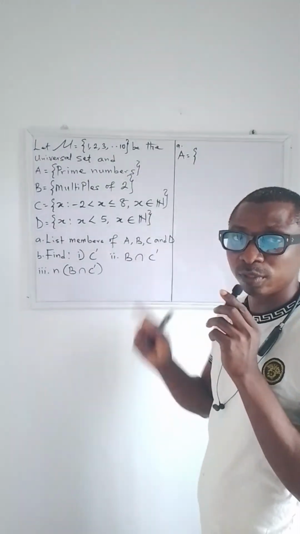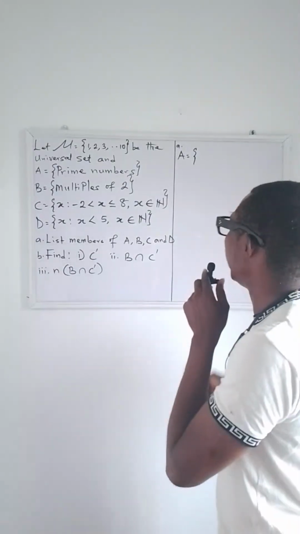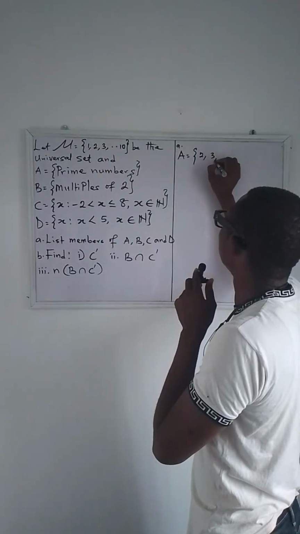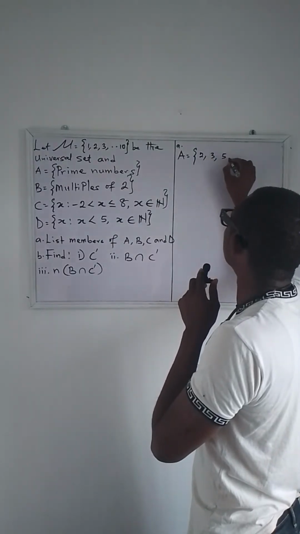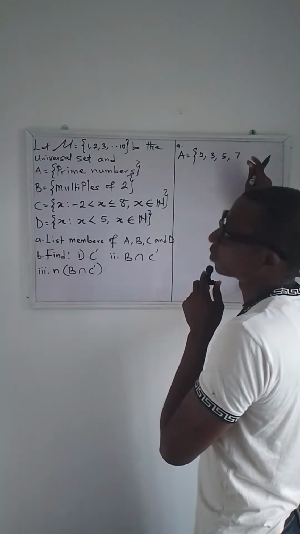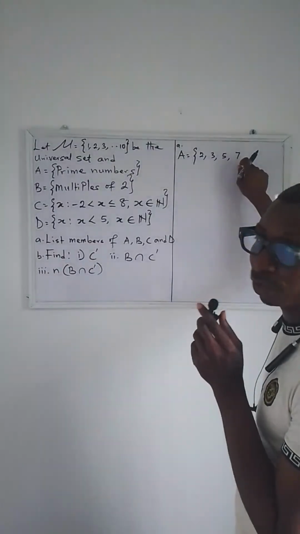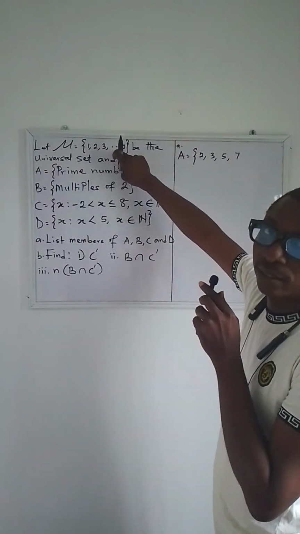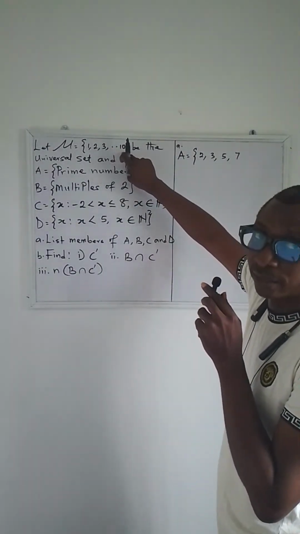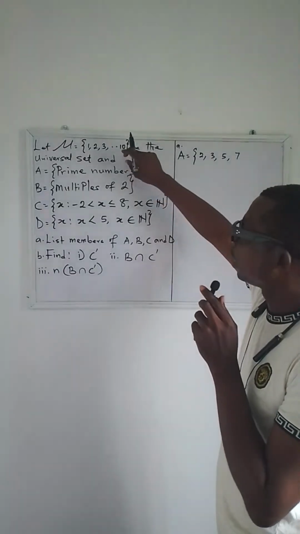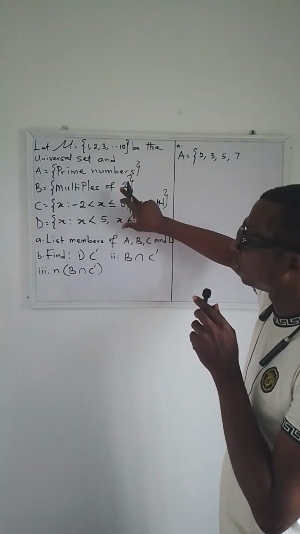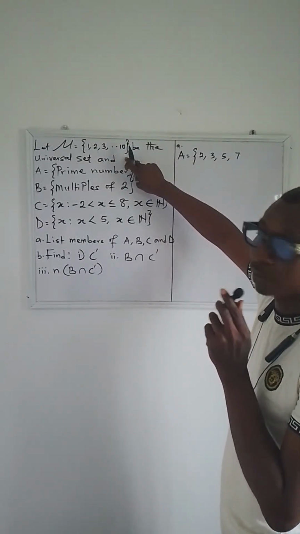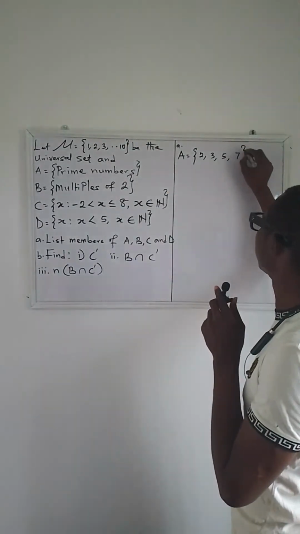So they are 2, 3, 5, 7. The next one should be 11, but you must not list anything outside the universal set. I said that in the last class. All sets under consideration are subsets of the universal set. So we are stopping here.